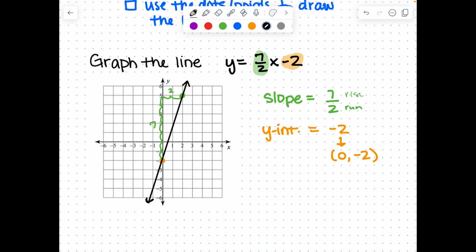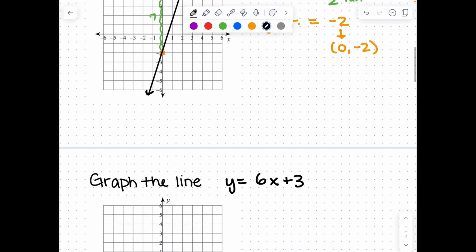So make sure you pay attention to your teacher. If this is helping you get started on your homework, do it the way they want you to do it. But you do ultimately have to connect the dots and extend the line past those dots because that's what a line does. When it says graph the line, the actual black line with the arrows on it is my answer on the graph. So we're done with that one.